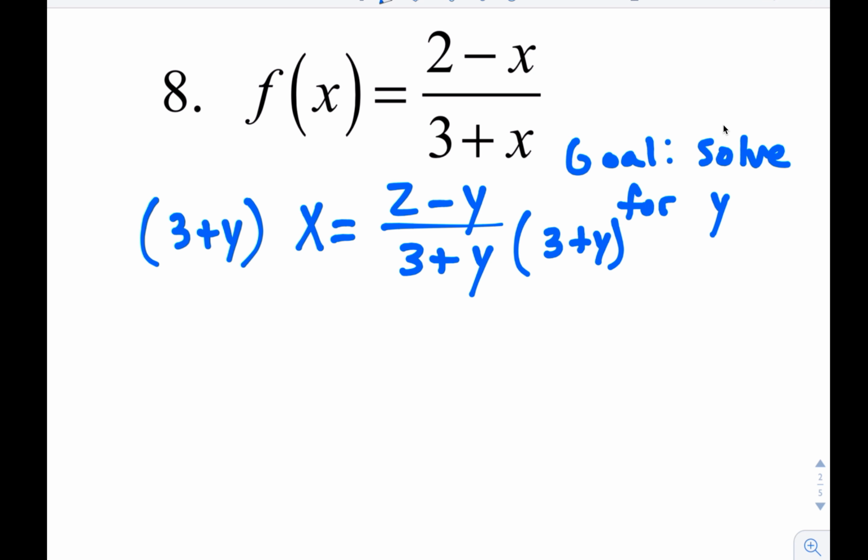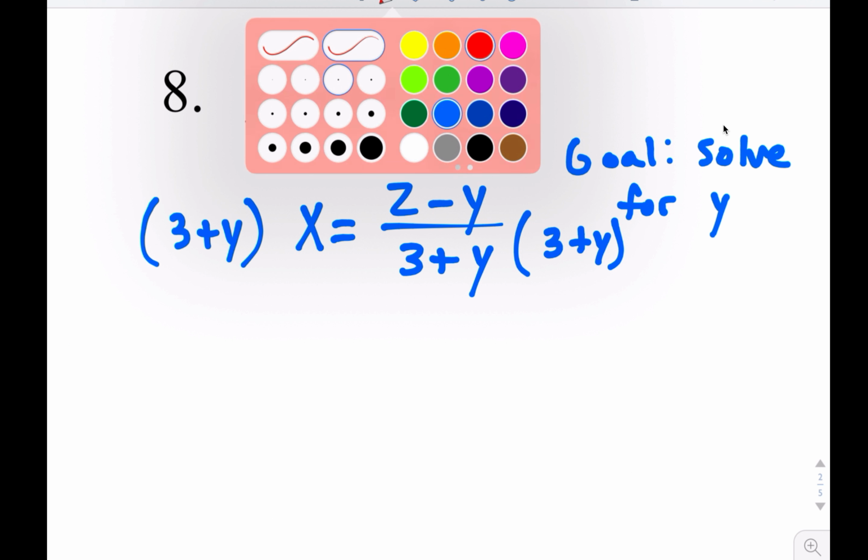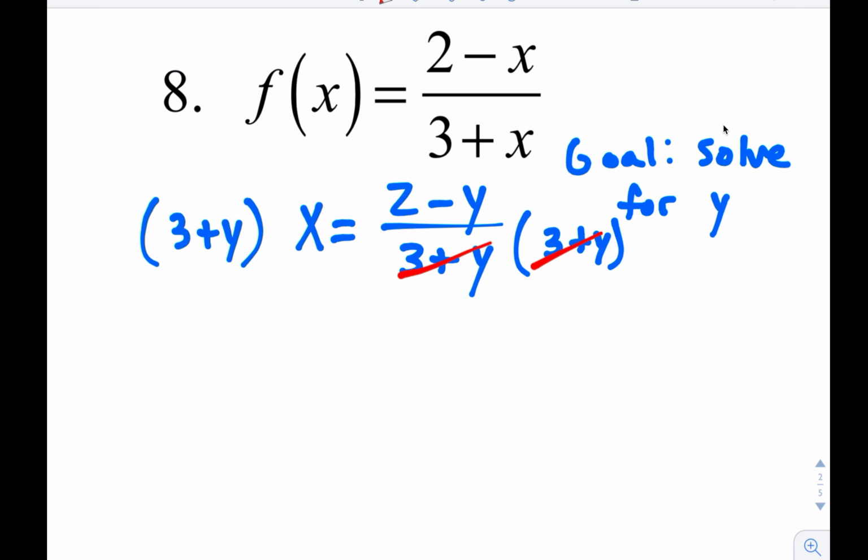By multiplying by 3 plus y on the right side, this and this are going to cancel, and I'm just left with 2 minus y on the right. And then on the left, I'm going to distribute. That's going to give me 3x plus xy.